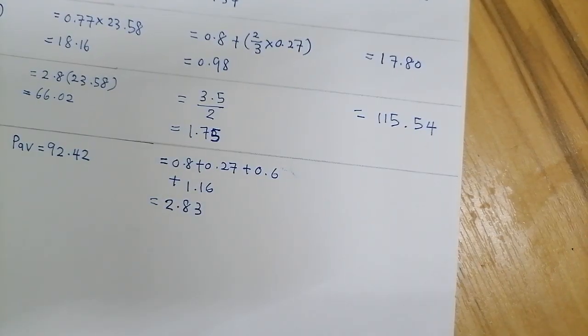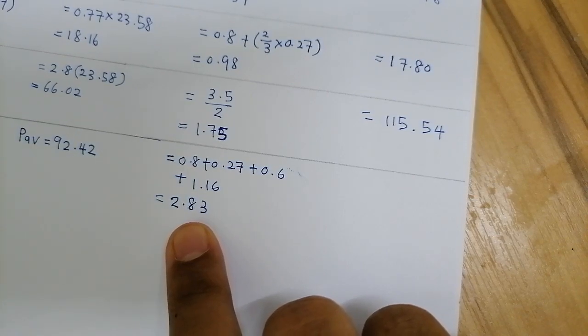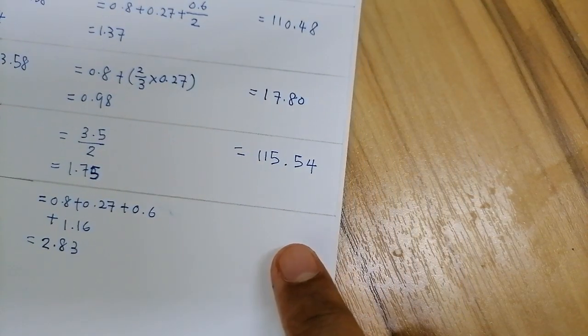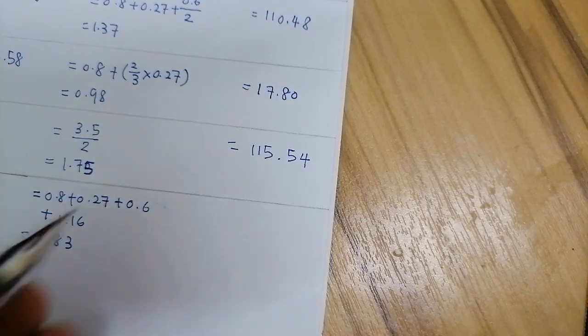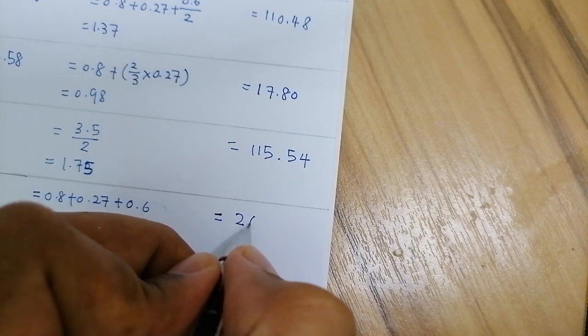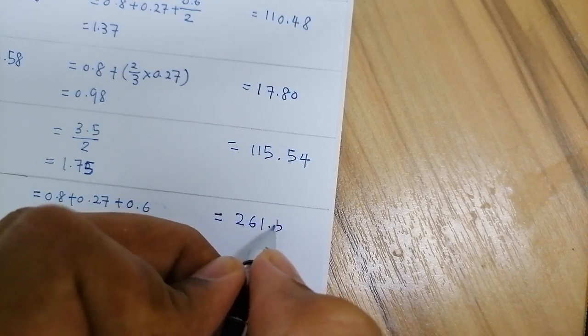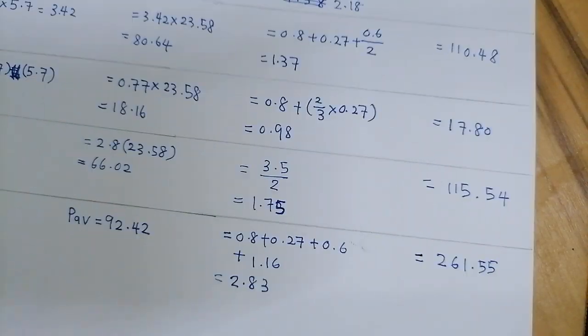And the answer is 2.83, okay, for the distance from point C. So now to know the moment, it's straightforward. 2.83 times 92.42 equals to 261.55. All right, so that's all.